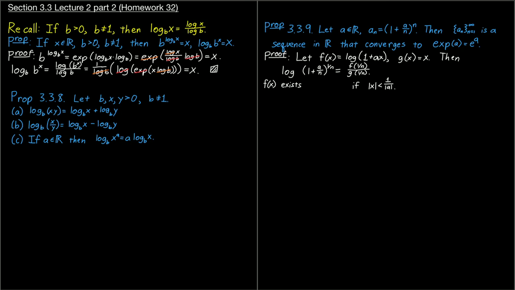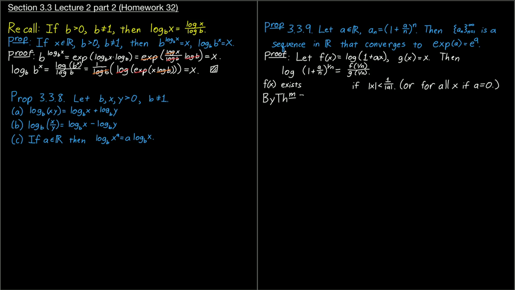But I'll just point out that whether a is positive or negative, f of x exists if x is close enough to 0. If a happens to be 0, then f of x is just the constant function 0, but that's not really the interesting case.